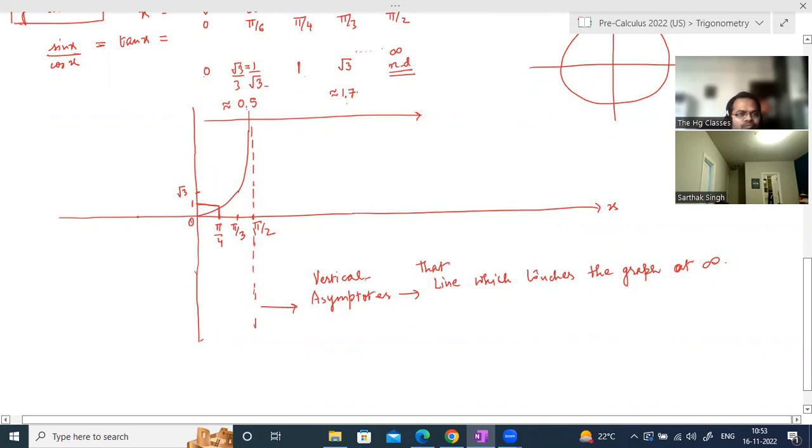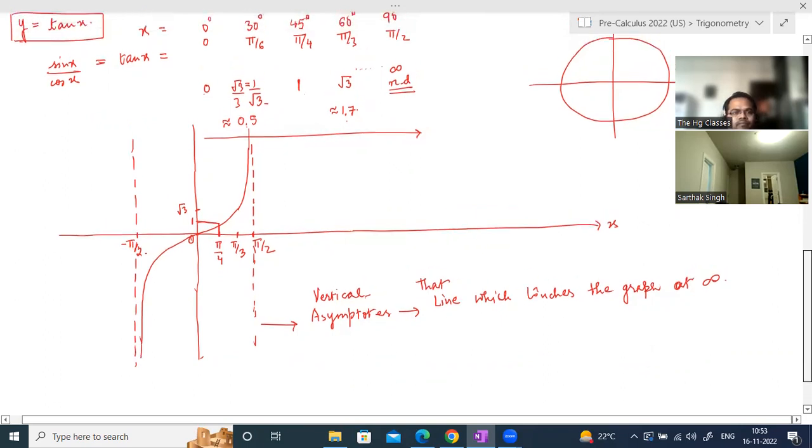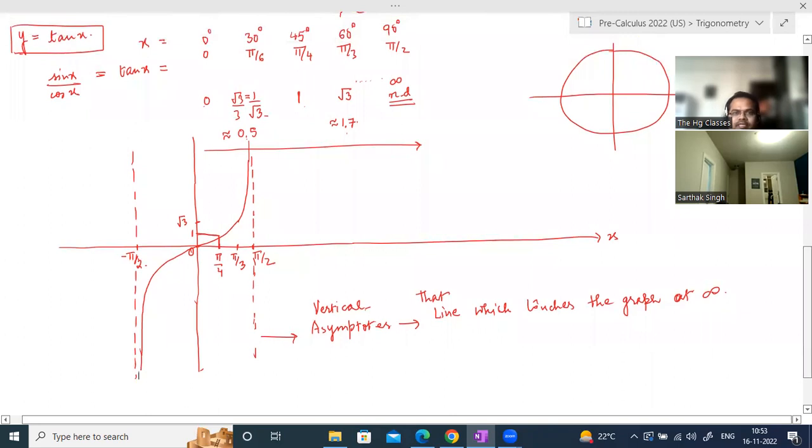And when you move the same behavior to the other side, you will observe that the graph will show the same behavior but on the negative side. So this will become another asymptote, right? So what I've done, this is actually the fourth quadrant, isn't it? The first quadrant is from 0 to pi by 2. The fourth quadrant is the negative angle.